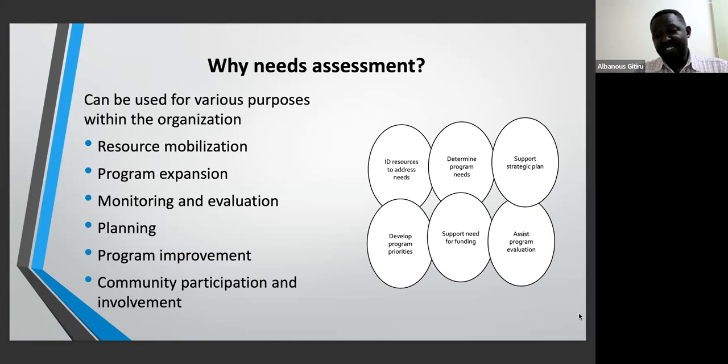That whole process, that whole roadmap, for you to chart it out, is a whole planning process where the needs assessment bit is required. Again, for program improvement and also community participation and involvement.